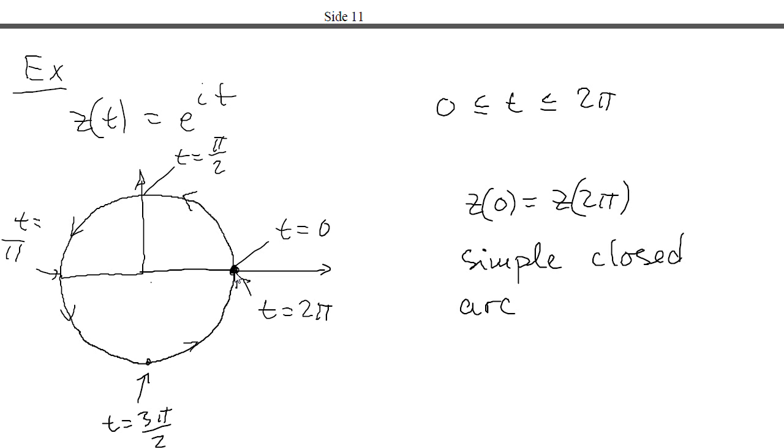So this is an example of a simple closed arc. Notice the direction of this curve, because the direction is the way the arrows are pointing, and it's in the counterclockwise direction.